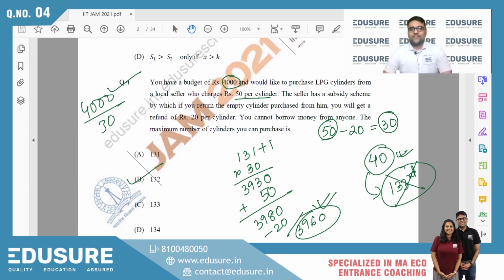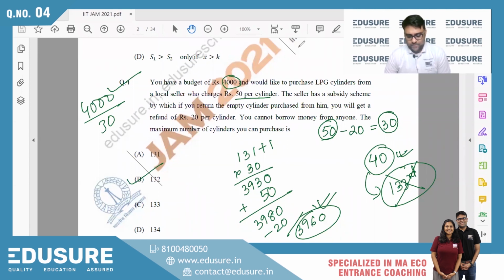Right? So I don't have any cylinder to start off with. If I already had a cylinder to give, then you would have more than 4000 rupees. If I need to return a cylinder, then I have 4020. But why will you assume that? Please don't assume this.